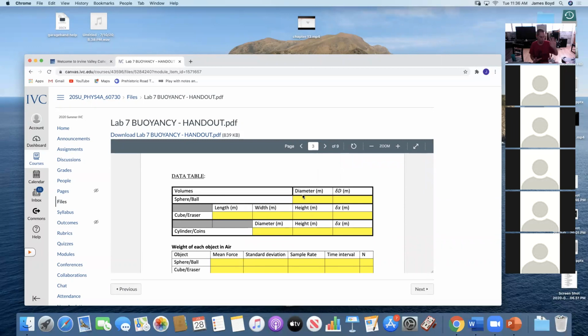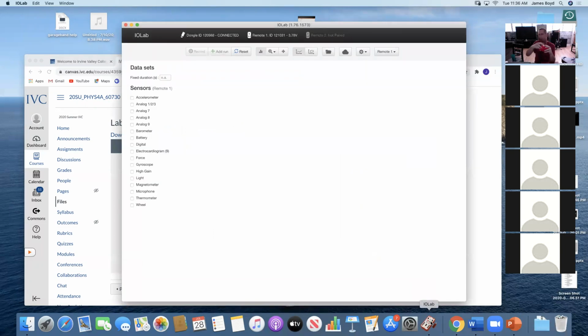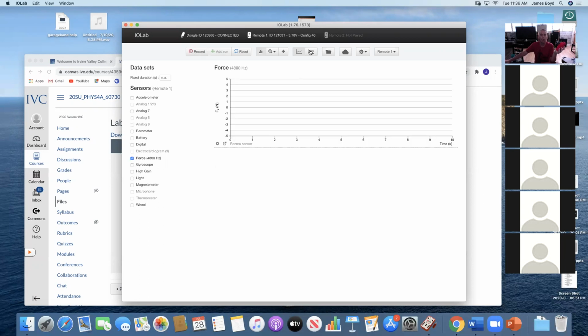Now, your IOLab, I'm going to turn on my IOLab. As before, we're going to find the mass of each of these objects. So when you go to your IOLab and turn it on, whoever's doing your data collection, turn on the force, okay?